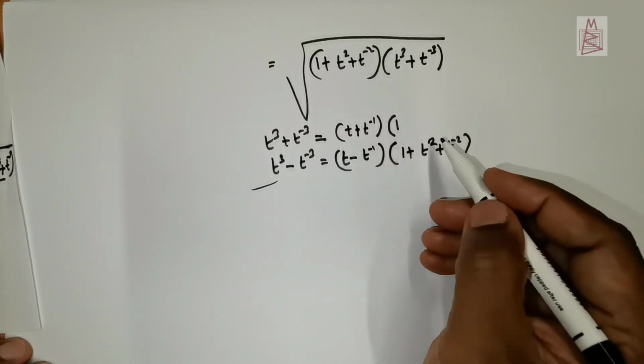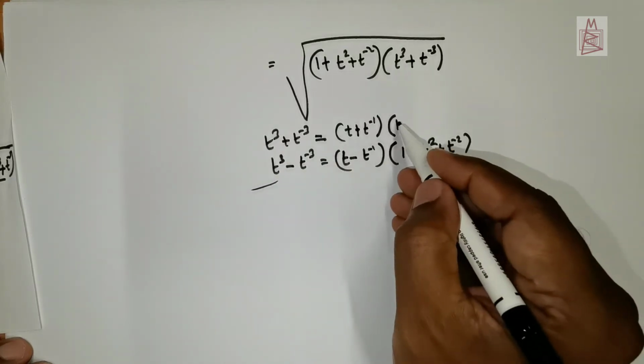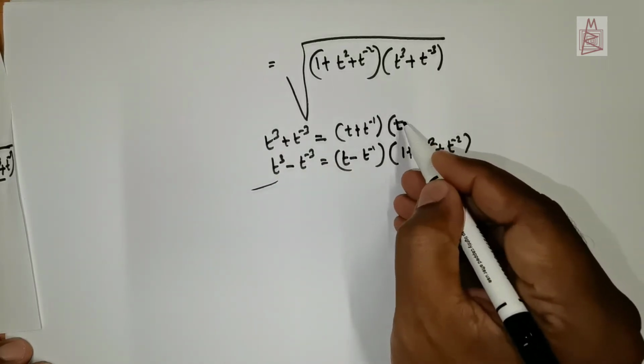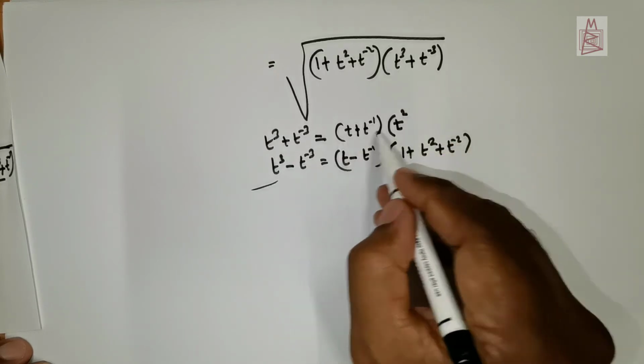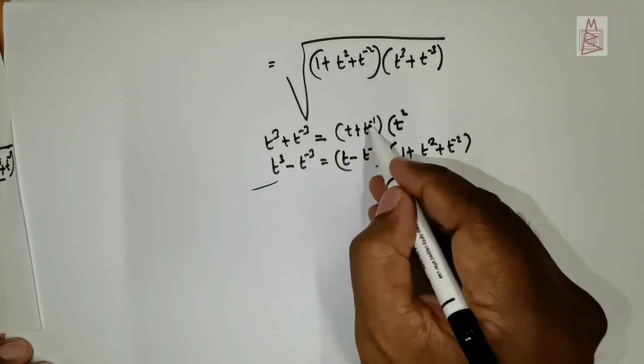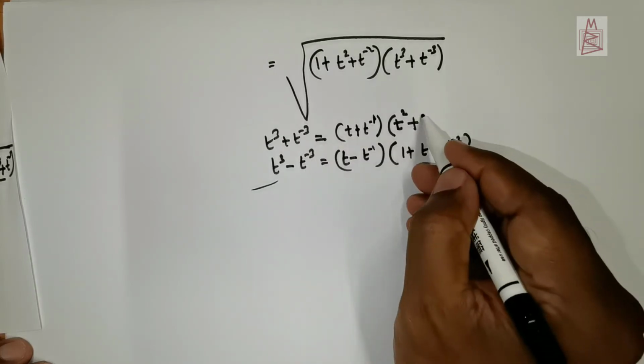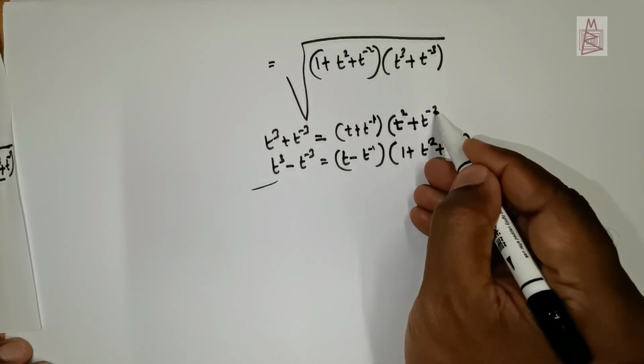Of course 1 is there, so we need to get t cubed. So I'll start off by placing t there, t squared there, because t times t squared will give me t cubed, and I need to get positive t power minus 3. So this is going to be positive t power minus 2.